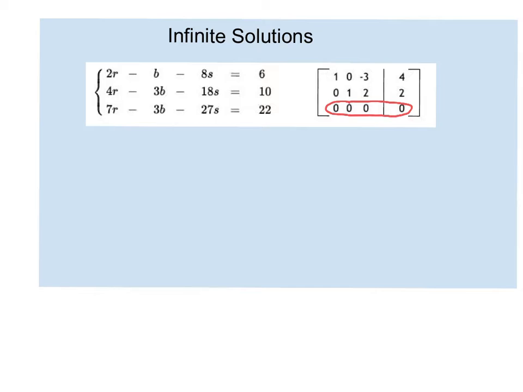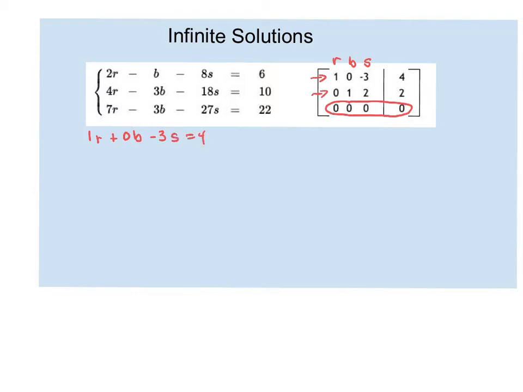In this question, we have the variable r, we have the variable b, and we have the variable s. So what I'm going to do is take this row and write it out as an equation. It shows me that I have 1r plus 0b minus 3s, and that's equal to 4.